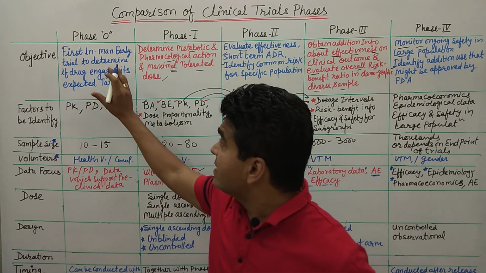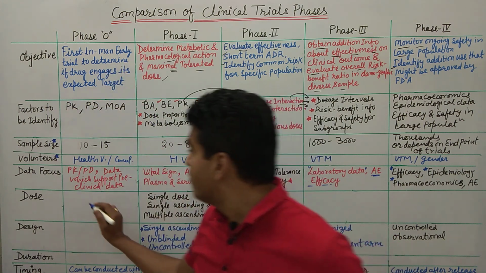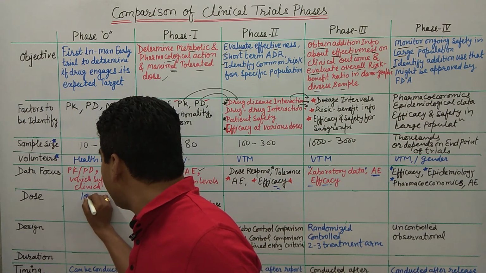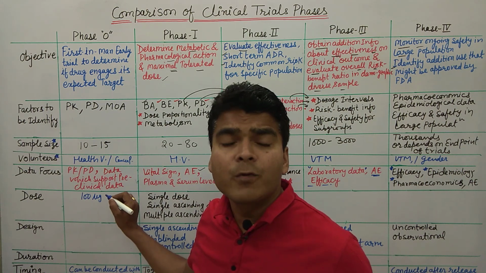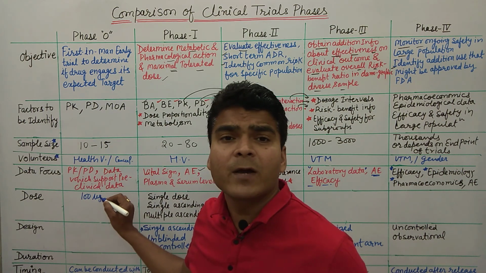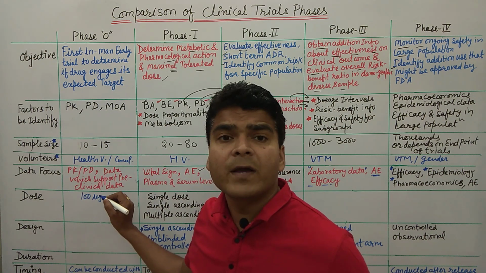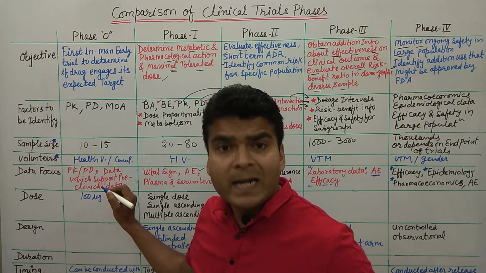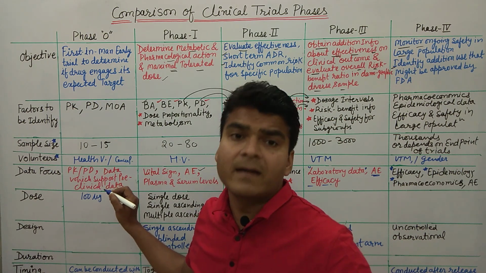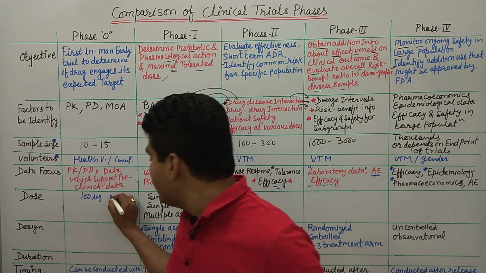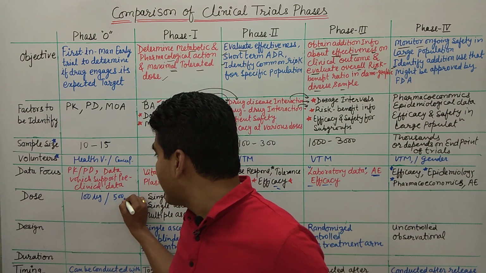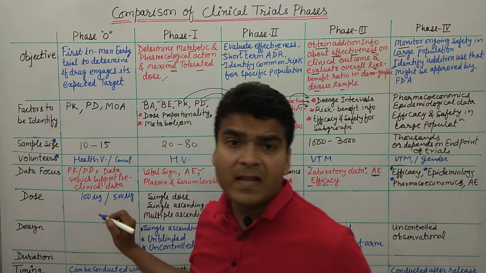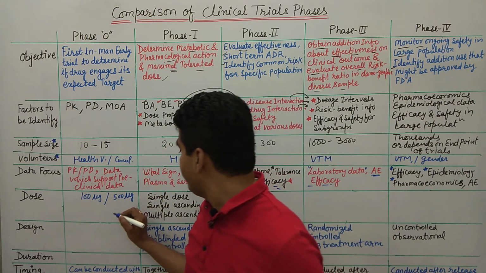In a phase 0 trial, at most we are taking a 100 microgram dose, or a cumulative dose of 100 microgram in a single dose, or 100 microgram in multiple doses, but the cumulative dose is 100 microgram, clear. But in some approaches there is sometimes also 500 microgram, there is another dose, okay.